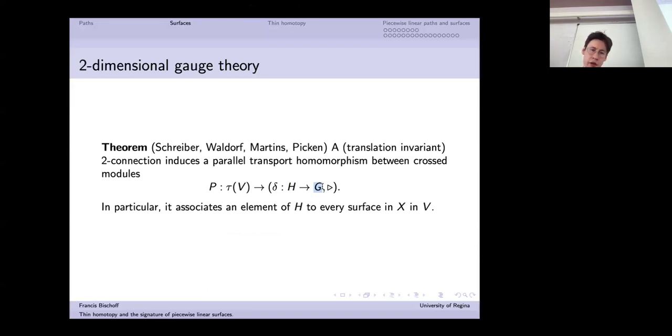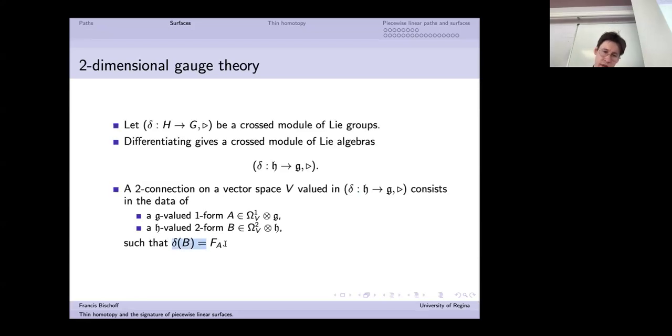So you need to link together the surface holonomy with the path holonomy, and that's exactly what this condition is giving you. It's sort of a non-abelian version of the Stokes theorem.